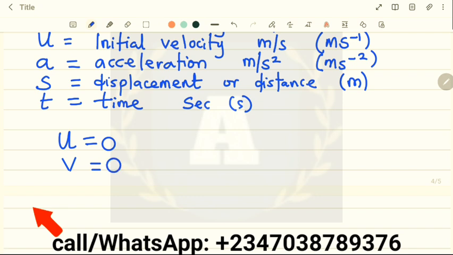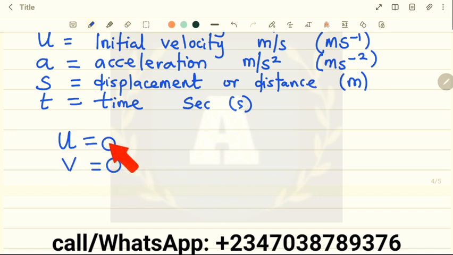In the question, you will not be told that U is 0 or V is 0. You just have to note that when it is brought to rest, final velocity will be 0.